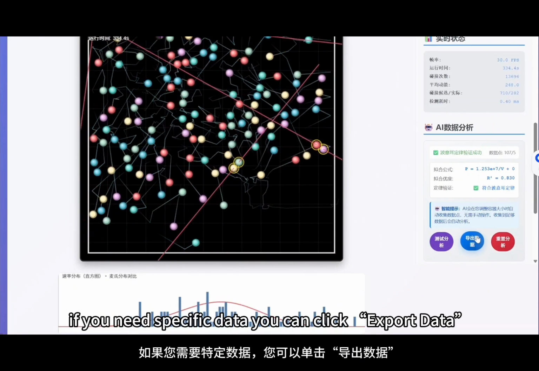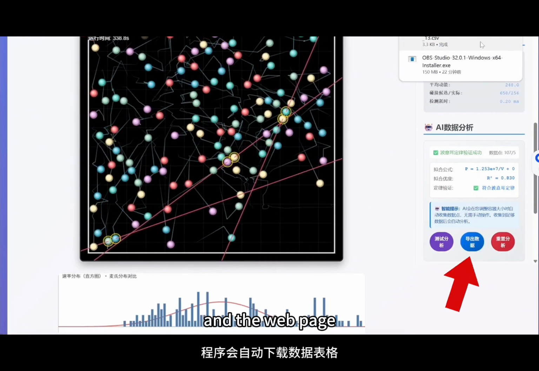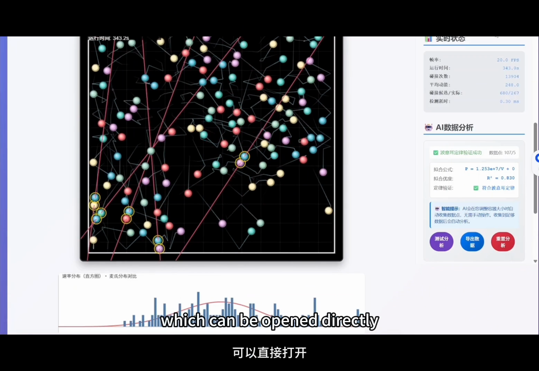If you need specific data, you can click Export Data, and the web page will automatically download the data table to your computer, which can be opened directly.